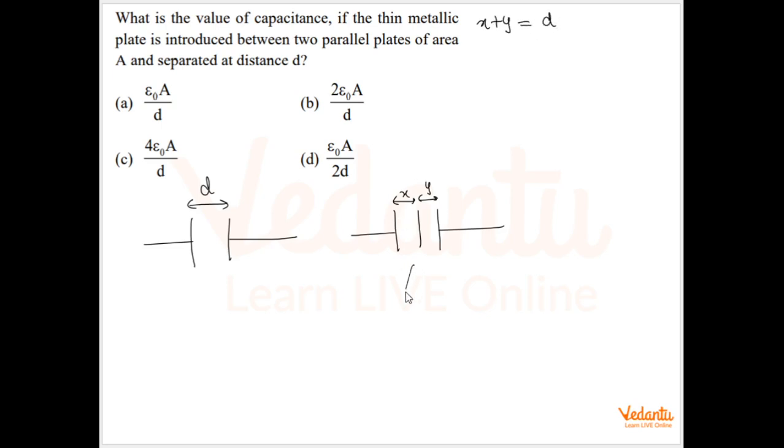What this thin metallic plate does is divide the capacitor into two parts: one of width x, the other of width y. Their capacitances C1 and C2 can be written as A epsilon naught by x and A epsilon naught by y.